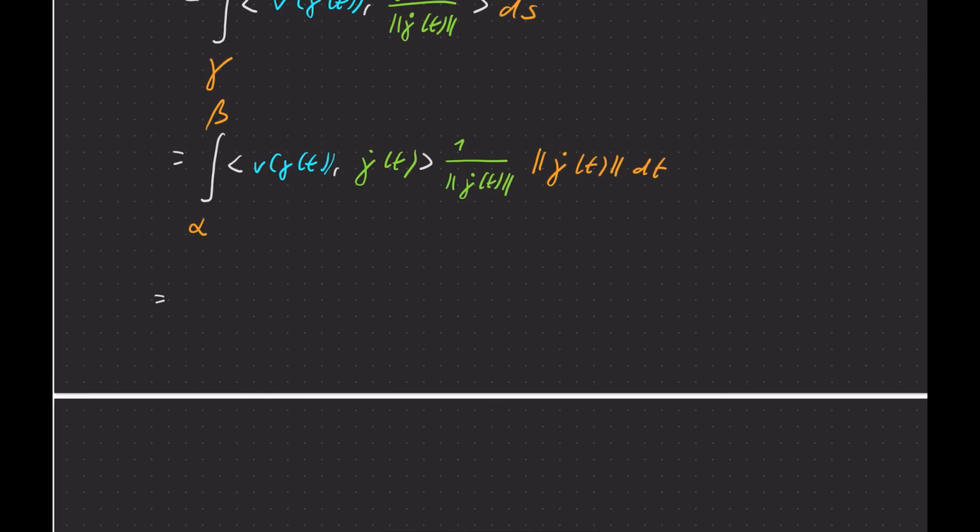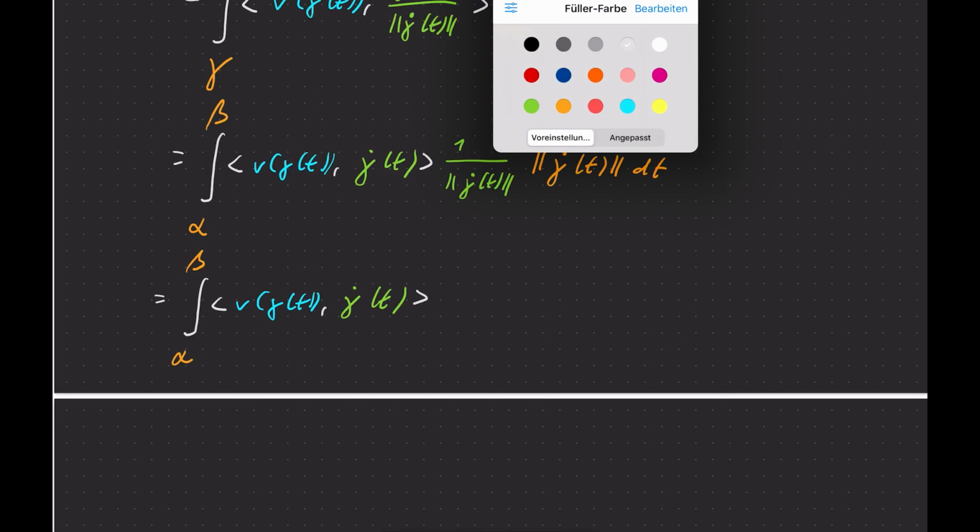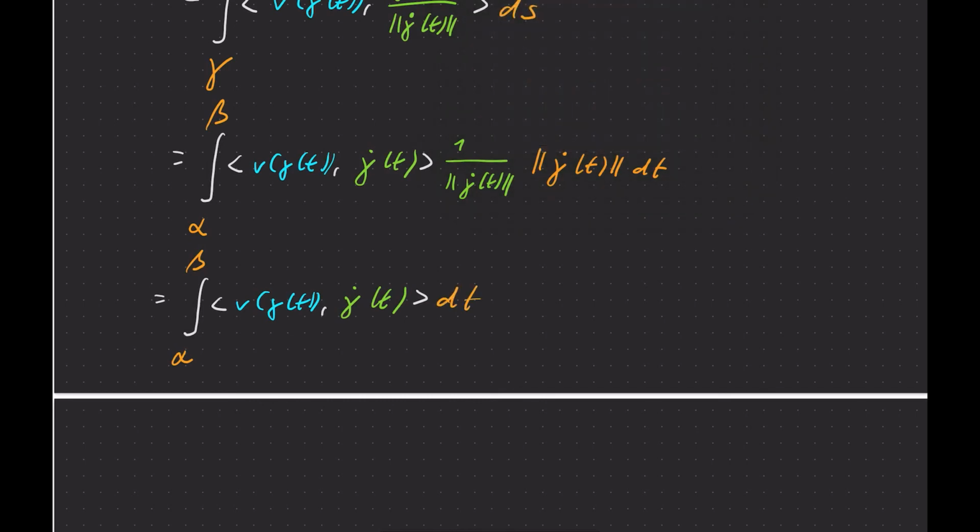And you hopefully notice that this expression here cancels out nicely. So what we are left with is actually the integral from alpha to beta over this scalar product here, V of gamma of t with gamma dot of t dt.